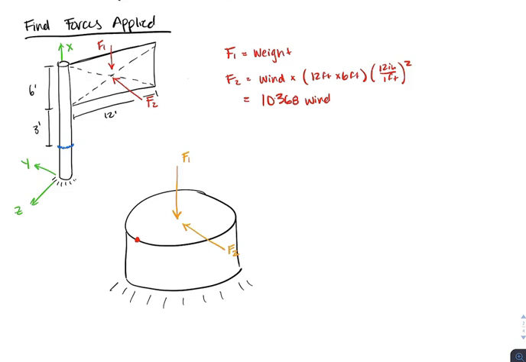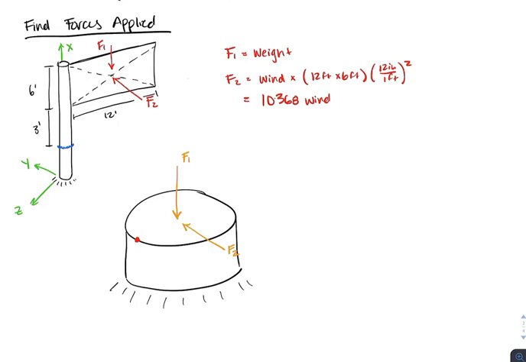So we'll start with our F1 force. Moving that F1 force from the centroid of the sign to the centroid of the pole, that's moving it about 6 feet. So since we have a force acting over a distance, we're going to have a moment created. If you use the right-hand rule, you can figure out that it's going to be rotating about the y-axis.